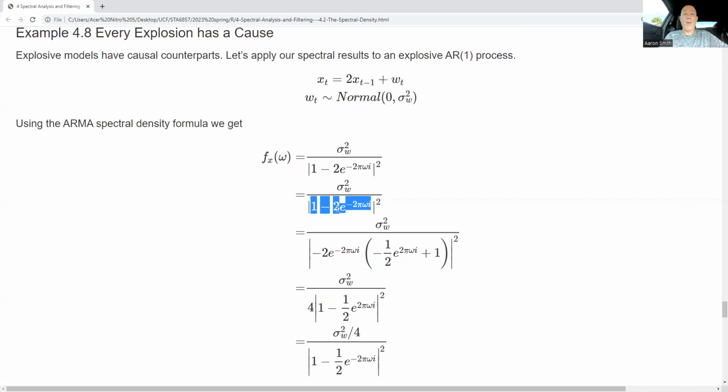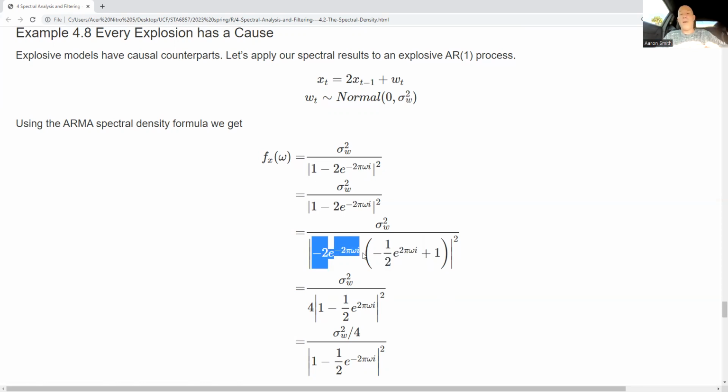All right, so I realize I want to factor this -2 times e. If I can factor that out, I'm going to be left with a 1 in this position. Okay, so now this looks like an autoregressive polynomial in the spectral density property. Now I've got this thing left over.